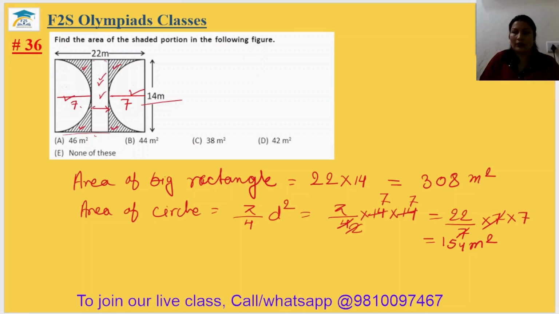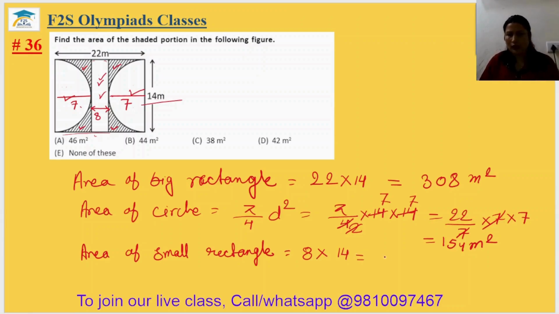So 22 minus 14 अगर आप करेंगे तो you will get 8. ठीक है, 8. So area of small rectangle equal to 8 width हो गया आपका and length will be 14 only. ठीक है, so that is your 112 meter square.